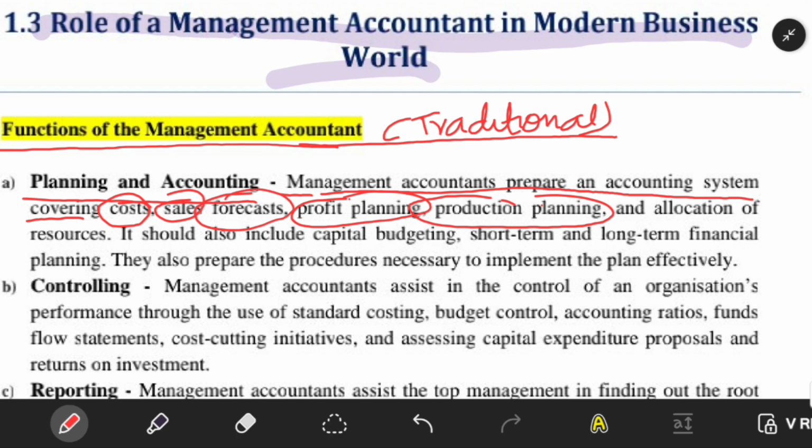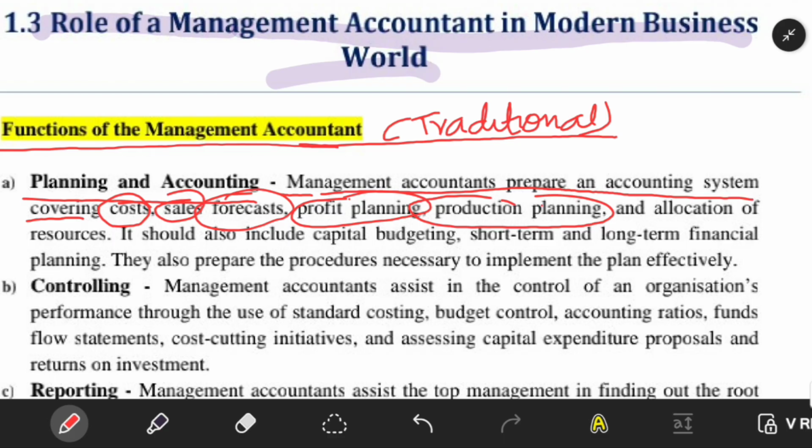They prepare budgets, forecasts and plans related to production, profit, sales and resource allocation. For example, they help to decide how much raw material is needed, how much the company should spend and what the profit targets are. They also help in short term and long term planning like capital budgeting, like big investment.